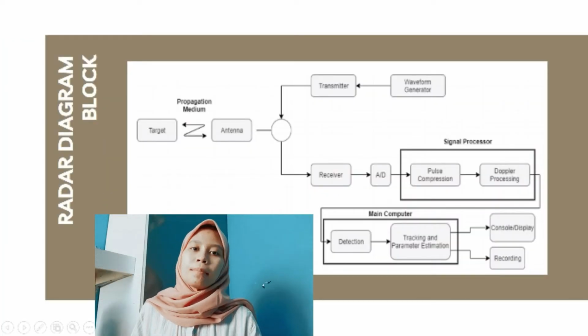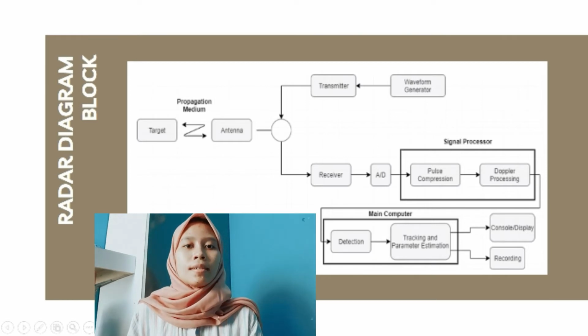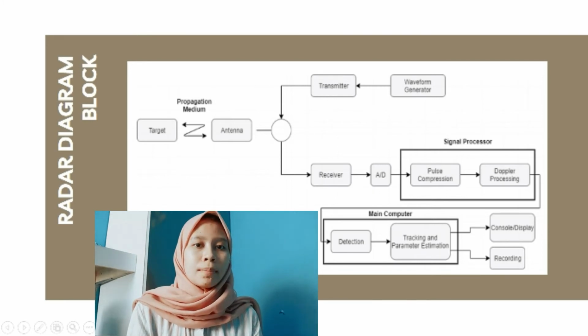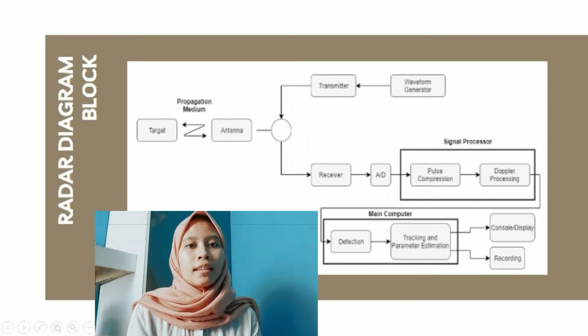Radar has three components: transmitter, antenna, and receiver. The transmitter functions to generate electromagnetic waves. The antenna functions to emit electromagnetic waves towards the target. After hitting the target, it provides a reflected wave, which is received by the receiver.